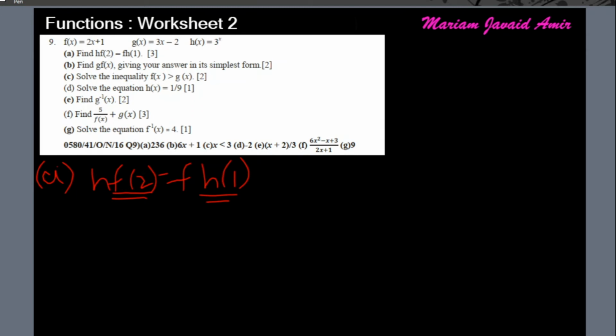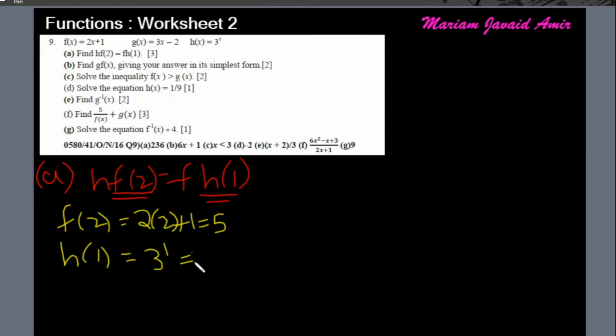So f(2) equals, in f(x), change x to 2. So 2 times 2 plus 1 gives us 5, and similarly for h(1), in h(x) change x to 1.